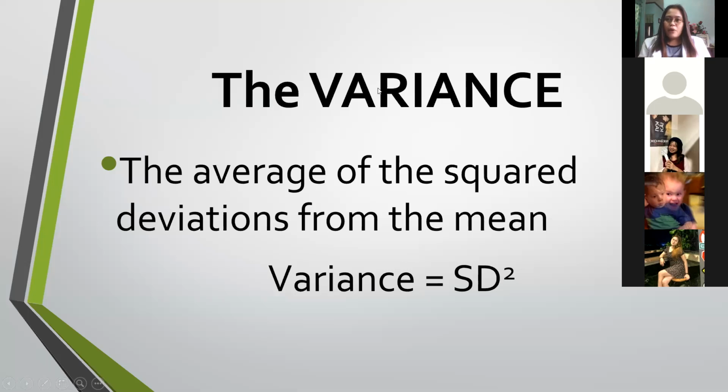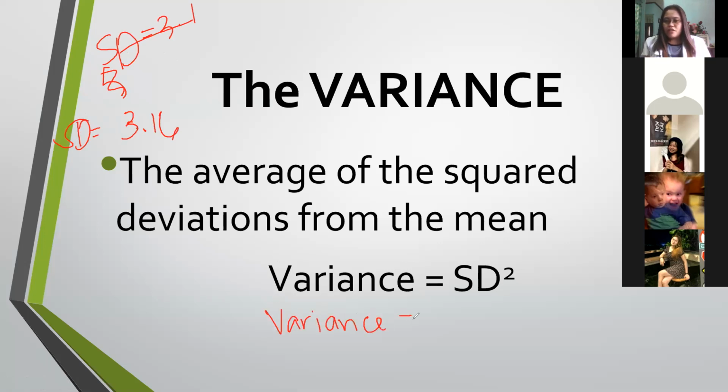Like for example, kagaina our computed standard deviation is 3.16, right? 3.16 na standard deviation. So if you are asked to compute for the variance, then you just have to get the square of the 3.16.